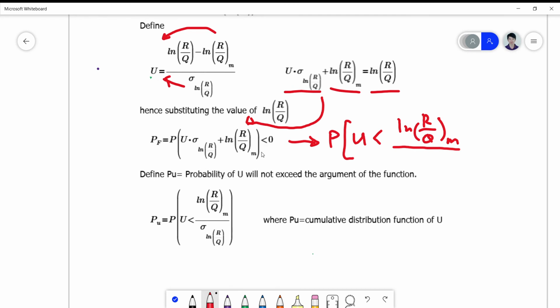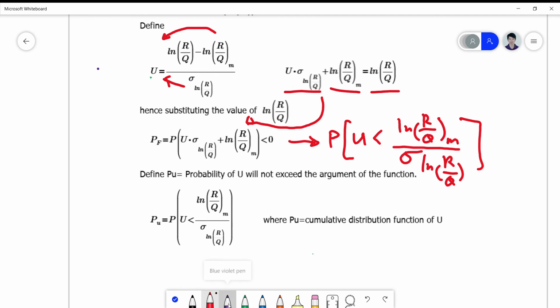So this ln R over Q mean. Okay, and then we get rid of your standard deviation. We just cross multiply it down to this sigma, the standard deviation of the R over Q argument, which is in the logarithmic scale. Okay, so instead of having now a limit 0, we now have a limit of the reliability index.